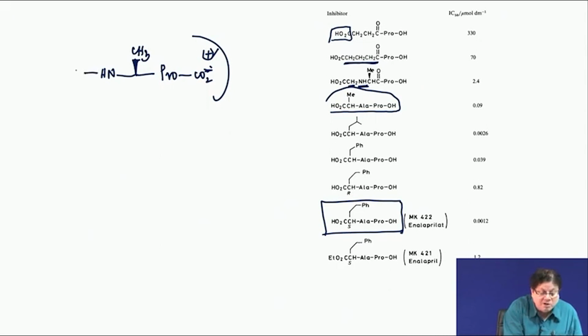Then alanine is not connected by a peptide bond but by a CH, because you cannot have a peptide bond, since that will then be hydrolyzed by the angiotensin converting enzyme. So, CH, and then actually initially they have this compound CH2 CO2H.